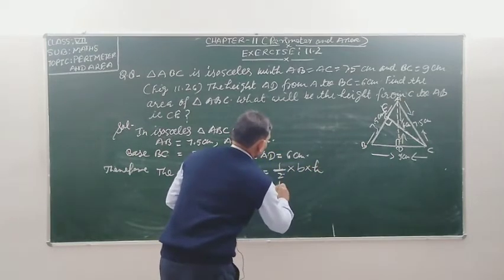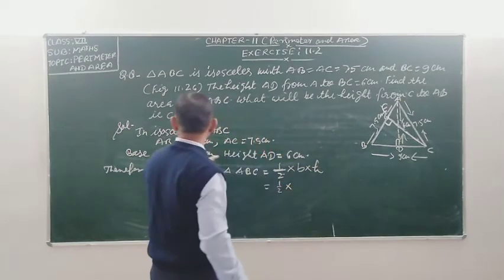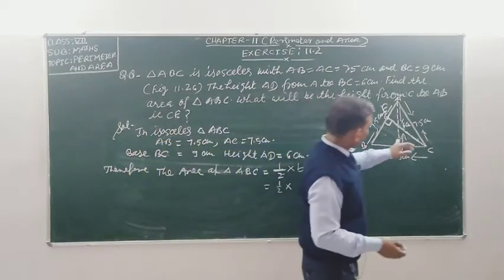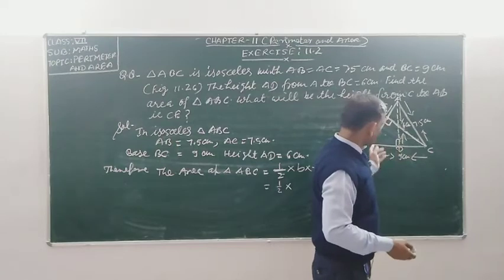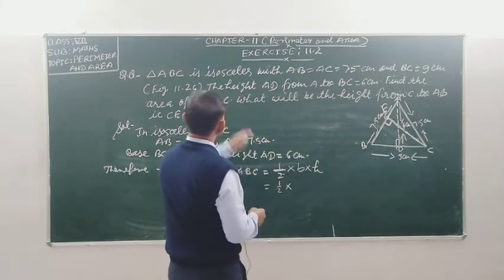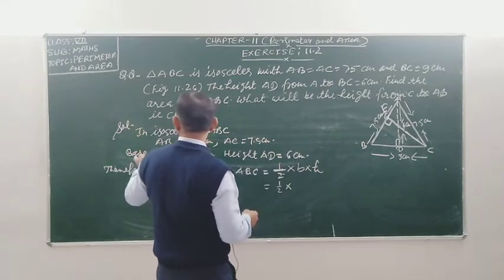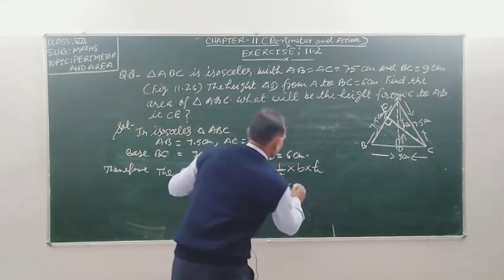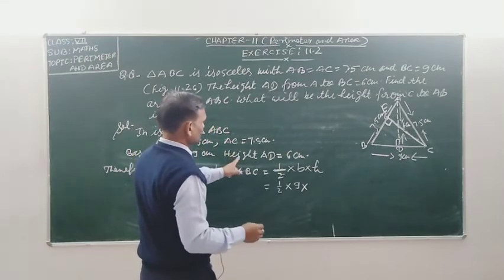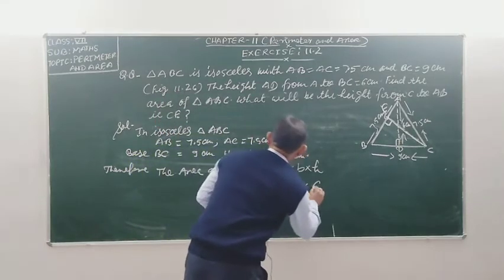So 1/2, base is given, base BC. When the height of the triangle is AD, then the base will be BC, you know. So 1/2 into base, 9 centimeter, into height AD is equal to 6 centimeter.